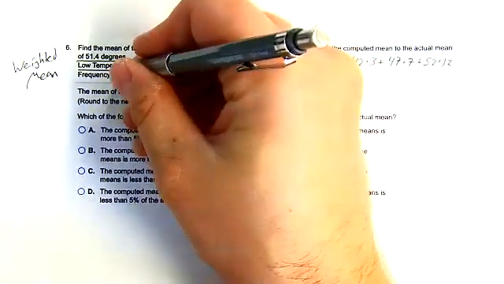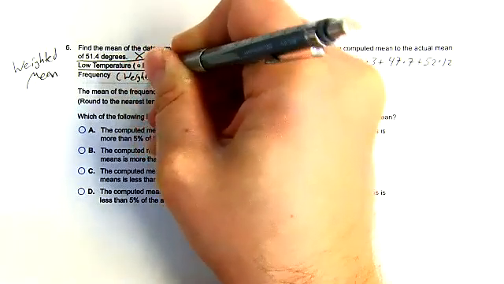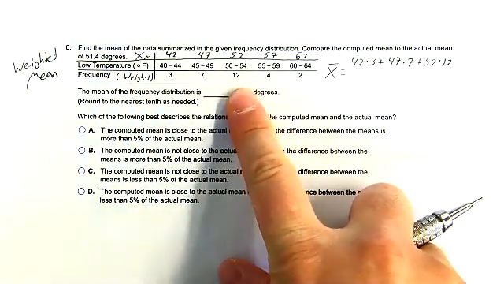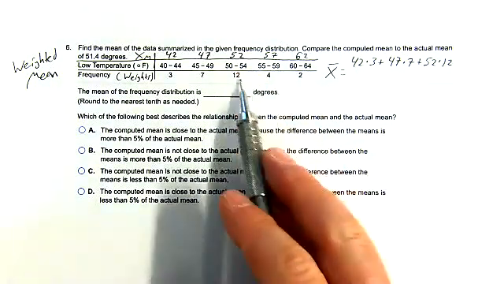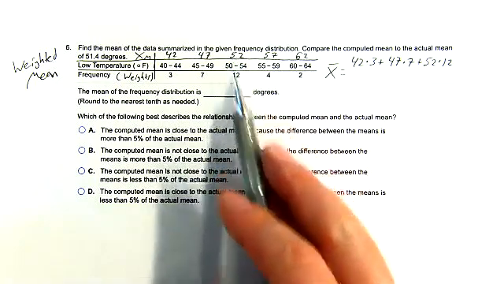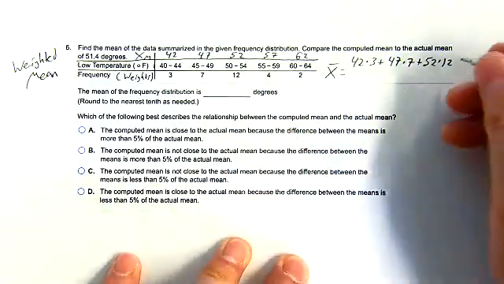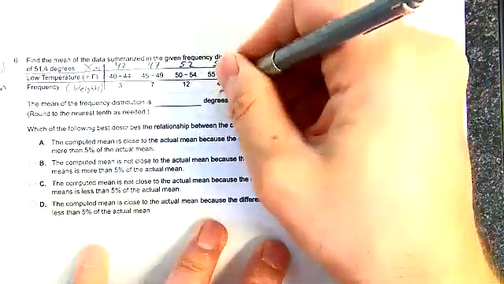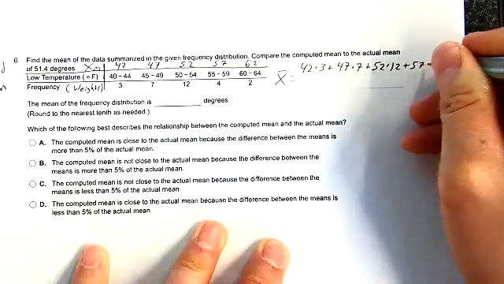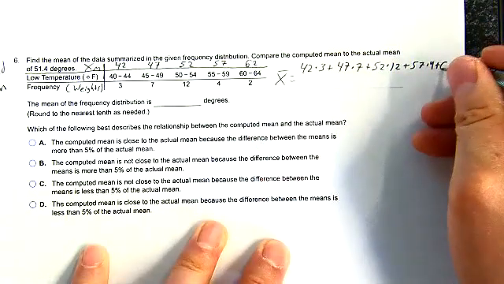These frequencies are like the weights. This says 12 of the days were 52 degrees Fahrenheit. So I want to weight that heavy because it was the most frequent temperature we saw. Plus 57 times 4 plus the last one, 62 times 2.